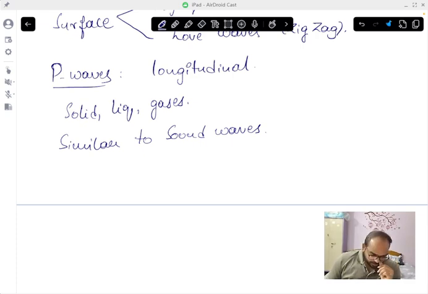Fourth one: while they travel through certain material, certain rocks inside the earth, P waves change the density of that material. Why? Because they are longitudinal. So longitudinal waves travel like this.